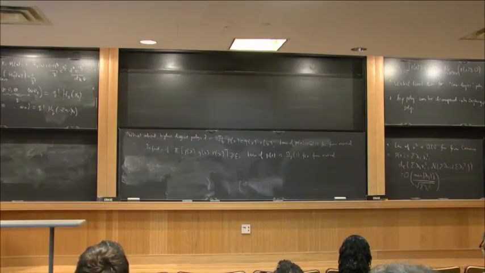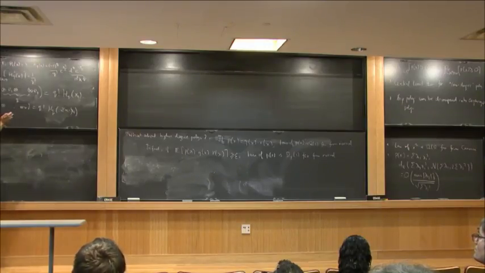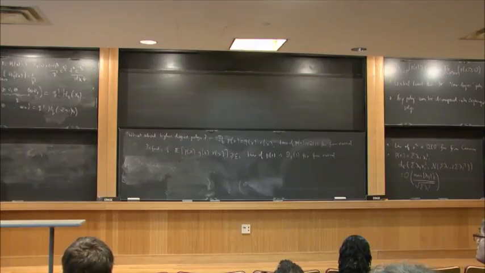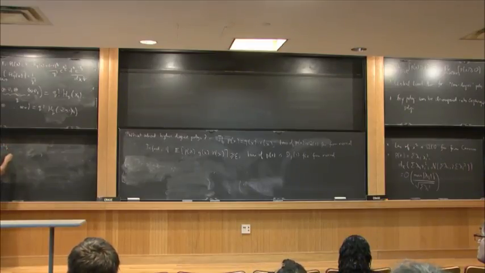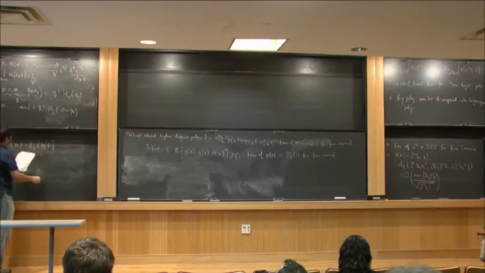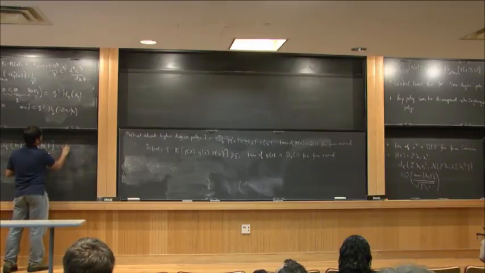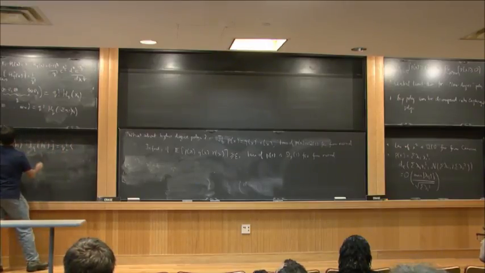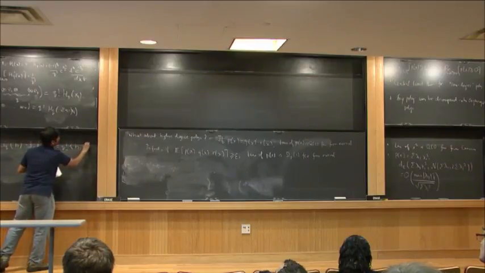The reason why we created this mapping is the following very important thing, that this is an isomorphism in the following strong sense: if you take any symmetric tensor, let's call it h, and another symmetric tensor h prime, then I_q of h times I_q of h prime is equal to q factorial times the inner product of h and h prime.